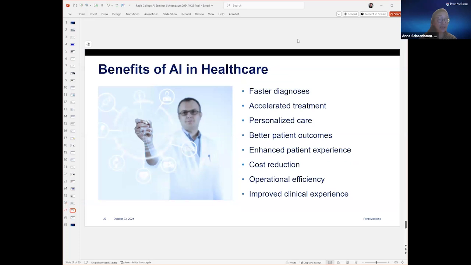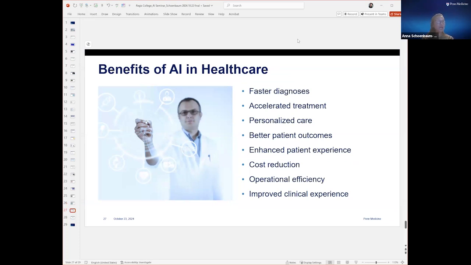So regarding AI, as I get to the brighter side of AI and the benefits, we can do faster diagnosis, we can accelerate the treatment, we can personalize care, and have better patient outcomes and experience. And with all this, we do want to reduce redundancy.